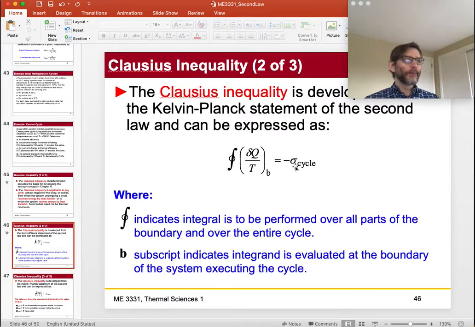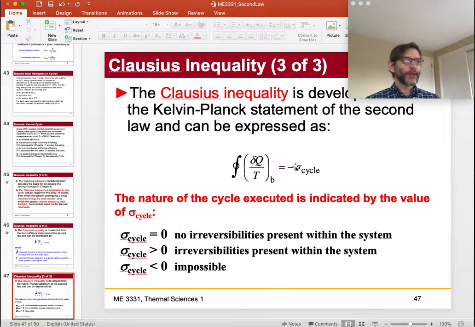Okay, the Clausius inequality is developed based on the Clausius statement of the second law, as I said before, and the nature of the cycle executed is indicated by the value of this sigma. Okay, so sigma cycle equals 0. If it equals 0, there's no irreversibilities present within the system.